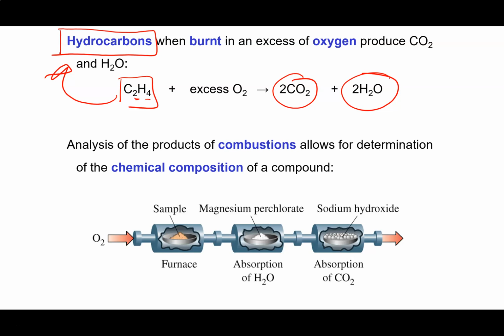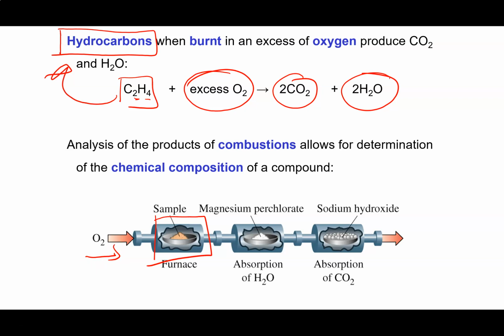So how typically the combustion analysis of a hydrocarbon will proceed is that we'll burn our sample in a large amount of O2. So way more O2 than what we actually need to ensure that our sample gets completely burnt up. And typically what we'll do is we'll put our sample in a furnace, we'll heat it up a lot, and then we'll blast it with a stream of O2.